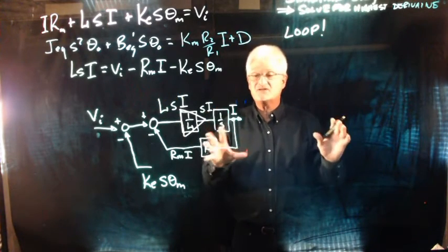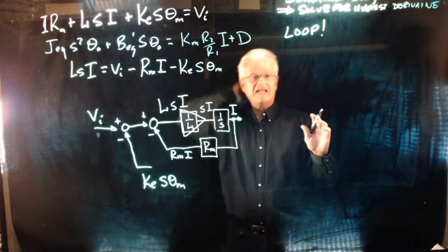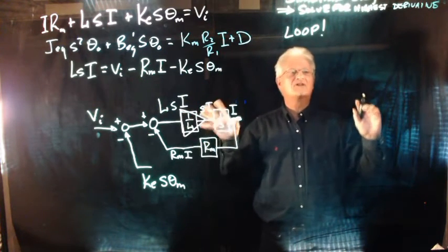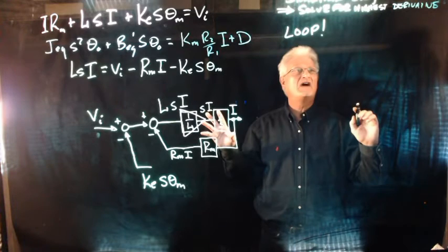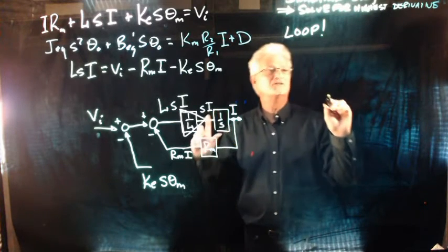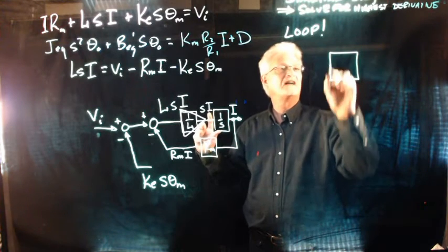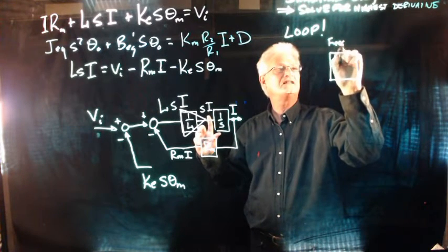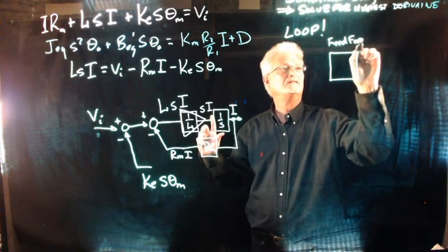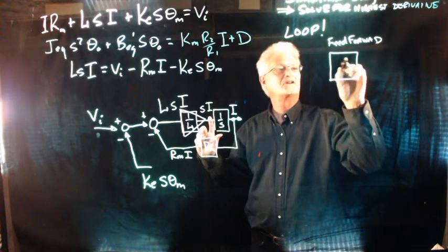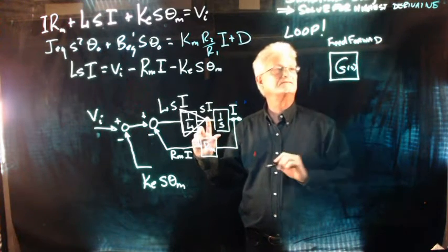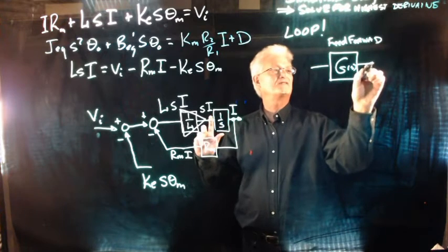And so I'm going to show you, in a control system, if you're a control system engineer, you know how the loops work. Here's the way the loops work. I've got what is called the feed forward, and I'm going to call that G of S. And that goes this way because it's the feed forward.